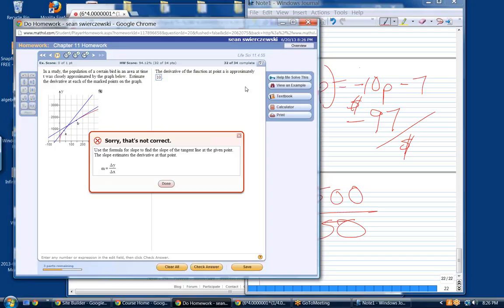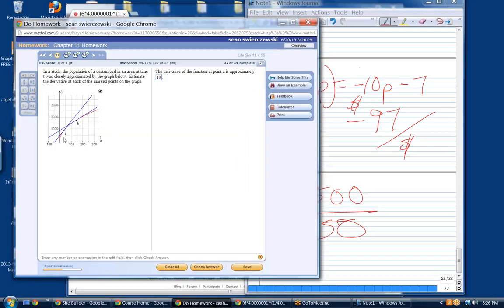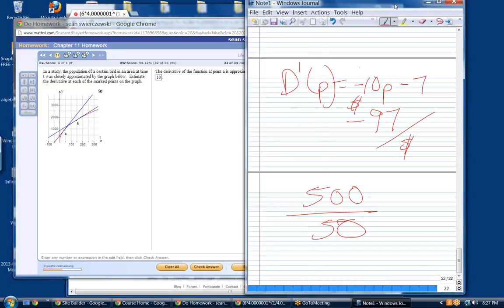Okay, let's use more than just one point on the grid. Let me go from here to up here. All right. So the change in y goes from 500 to 3,500.